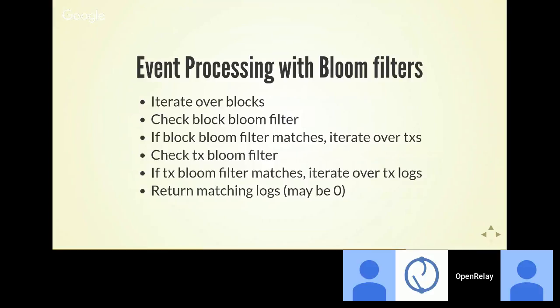If the transaction level Bloom filter matches, then we iterate over the logs in that transaction, and we compile a list of the logs found in the blocks that matched, in the transactions that matched, where the topics actually matched.